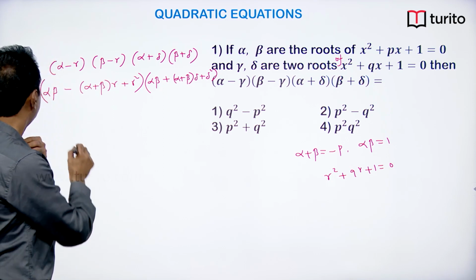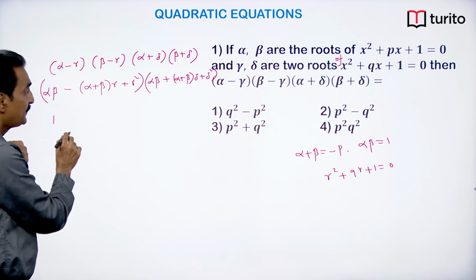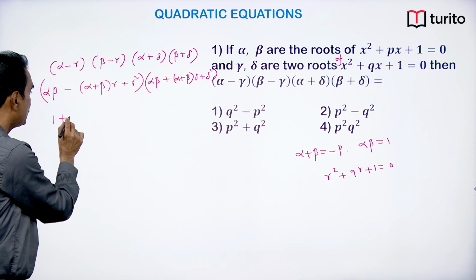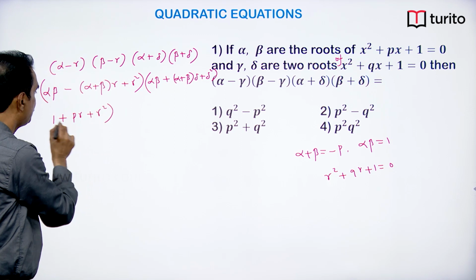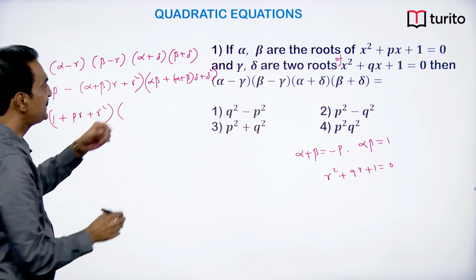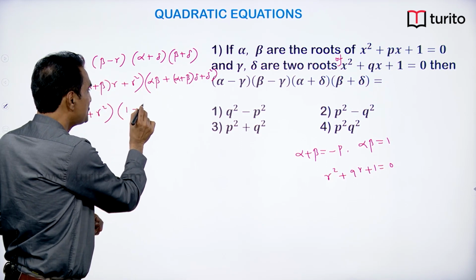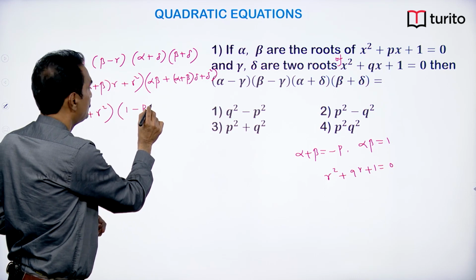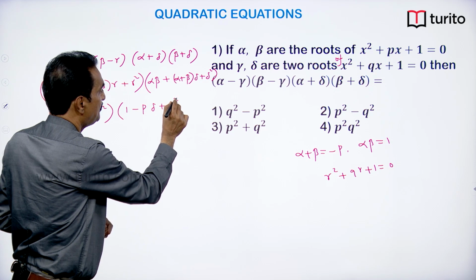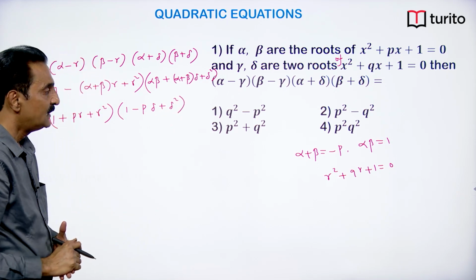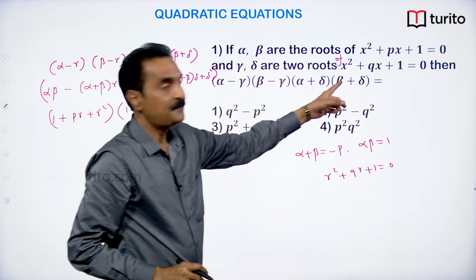Now, this is becoming 1 plus p gamma plus gamma square into this is 1 minus p delta plus delta square, and gamma is the root of this equation.